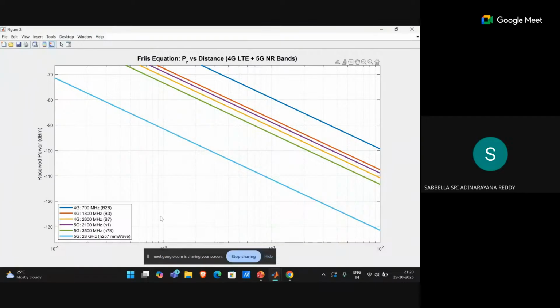If we take a particular distance, let us suppose 10 power 1, at that distance, if the frequency is less, for 4G, 700 megahertz, at that particular frequency, the attenuation is going to be lesser when compared to higher frequencies at the same distance. By these simulations, you can practically see how our received power changes with the frequency and distance.